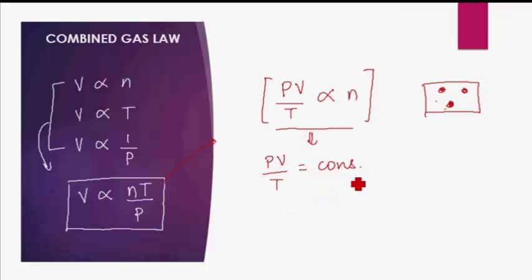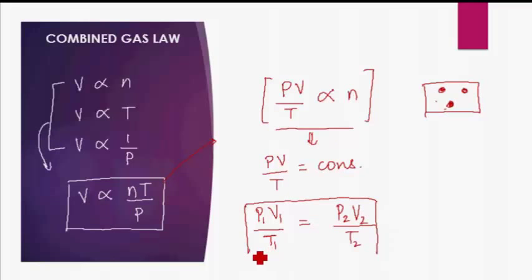a constant. Okay, this means if initially my container had a pressure of P1, volume V1 and temperature T1, and if I decide to change, let's say, any two variables, say I decide to change pressure to P2 and temperature to T2, okay, then volume will automatically adjust itself to a new value V2 as per this equation.